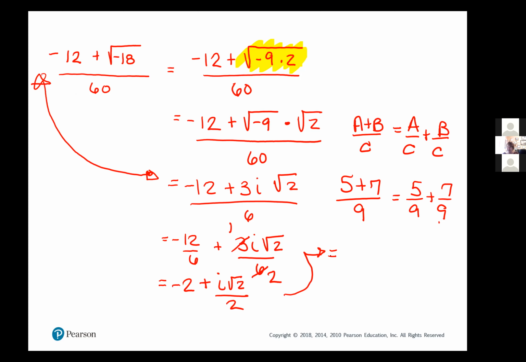I can divide 6 by 3. When I divide 3 by 3, I get 1. When I cancel the 3, I have a 1 left. In the denominator, 6 divided by 3 is 2. So when I cancel the 3 from the 6, I have a 2 left over.